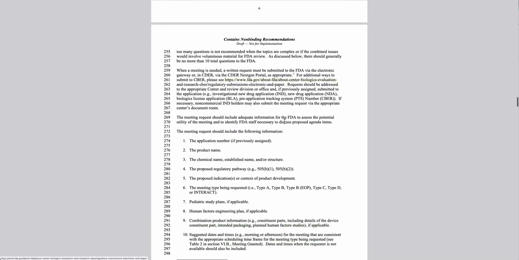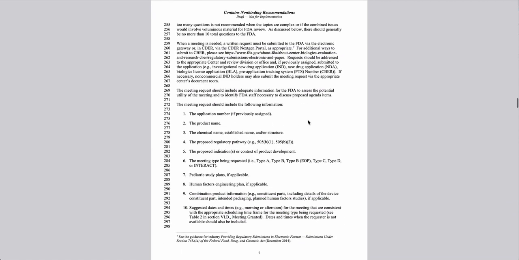Now, talking about the meeting request and what we should add in, if we already have an application number, for example here, if we have an IND number, because we already had an IND and we are going to refer to that IND number, we are going to add the application number in the meeting package. This is in the cover letter.